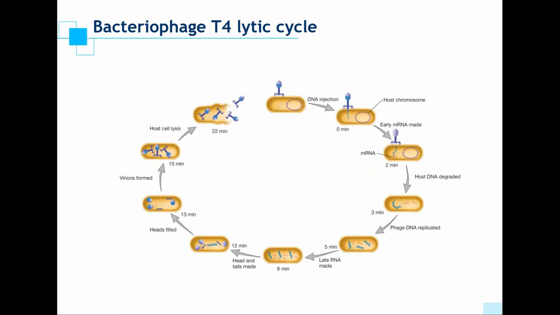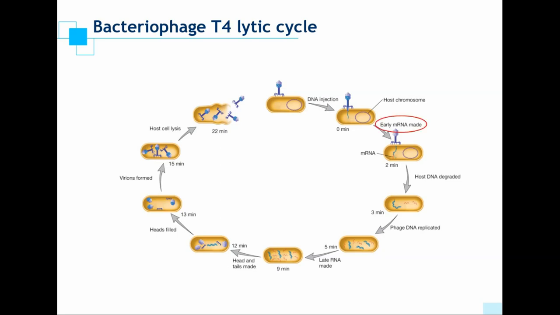And once the phage genome is injected, the first thing that will happen is that it's going to circularize, in fact, and then the different promoter regions on the phage DNA can be activated to start transcription of the early messenger RNAs.